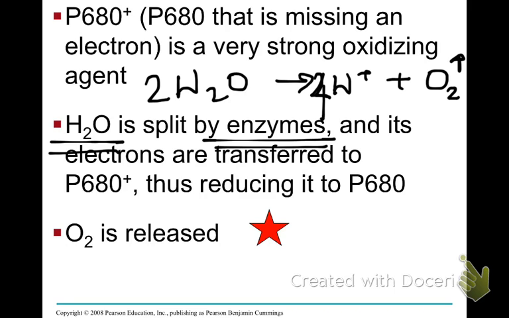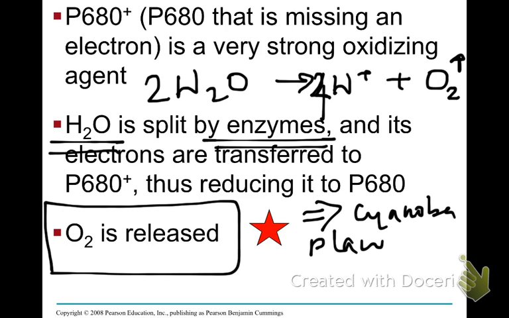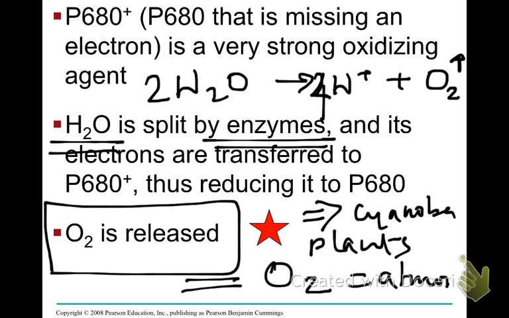Got that? So this is how oxygen is released. This is the reason cyanobacteria and plants are responsible for making oxygen available in the atmosphere. And that is why we live.